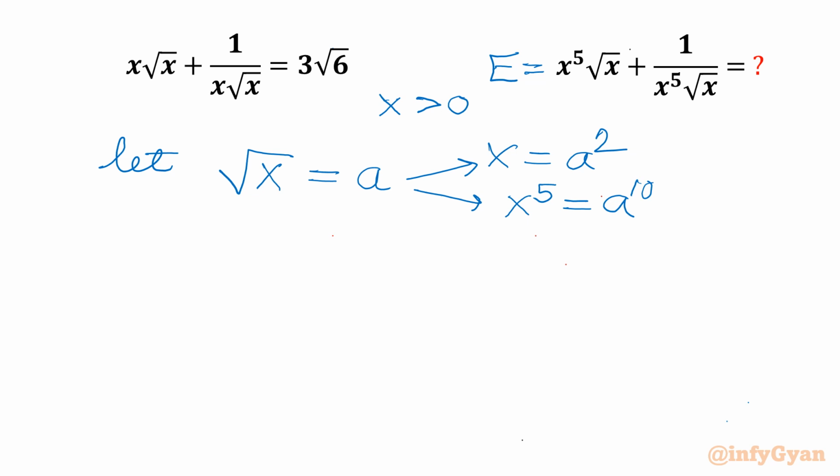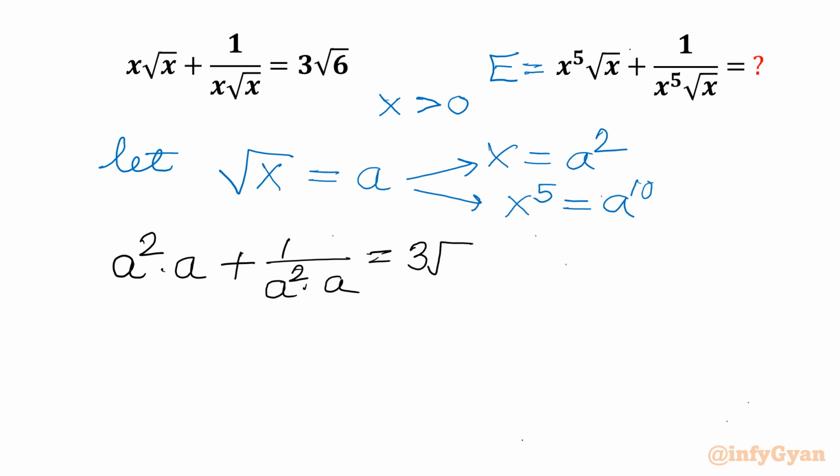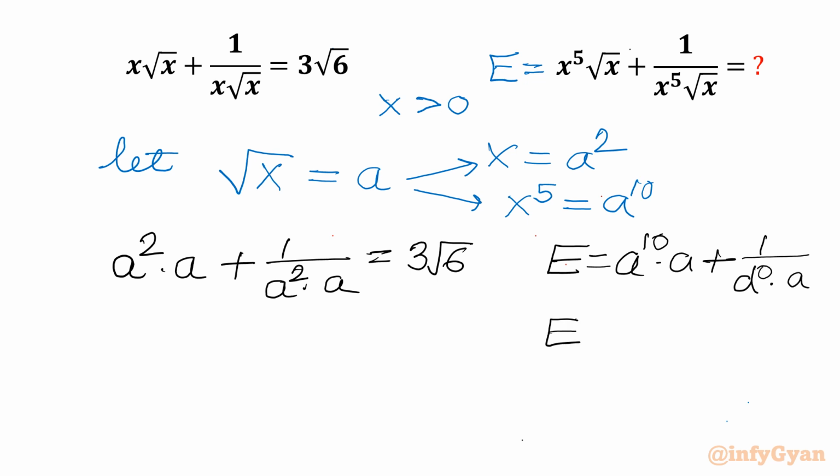So I will write the equation as a square times a plus 1 over a square times a equal to 3 square root 6. And what about the expression? It would be a power 10 times a plus 1 over a power 10 times a. So our expression is finally a power 11 plus 1 over a power 11.